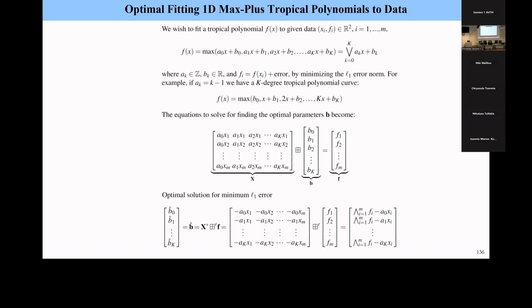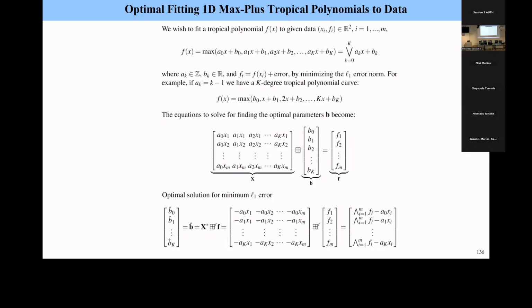It's identically the same problem of solving a system of max-plus equations, where the matrix of this system on the left is formed from the data given, and so does the vector on the right-hand side. And the optimal solution is obtained with a closed formula of linear complexity in cases where our data do not have just one corner point, but they have several, let's say, k corner points.